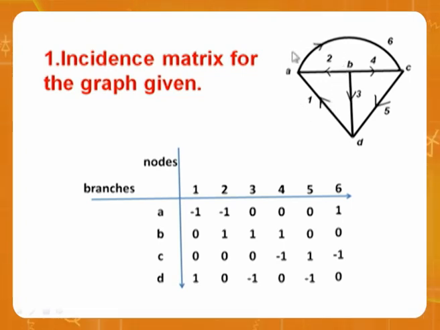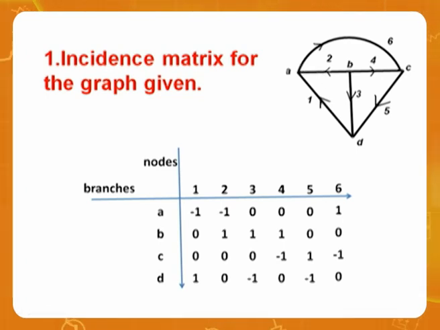Into A, 1 is entering, minus; 2 is entering, minus; 6 is leaving, plus. Branches 3, 4, 5 are nowhere connected to this node. So that's the meaning of it.